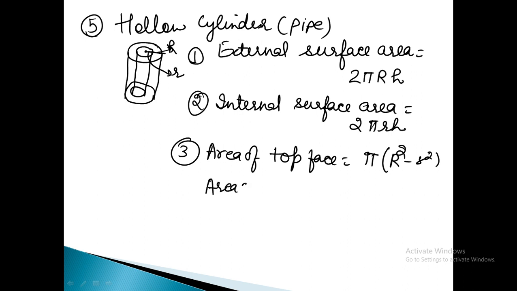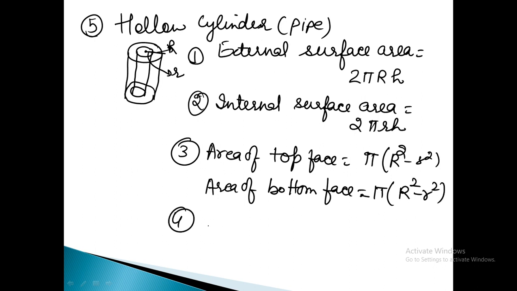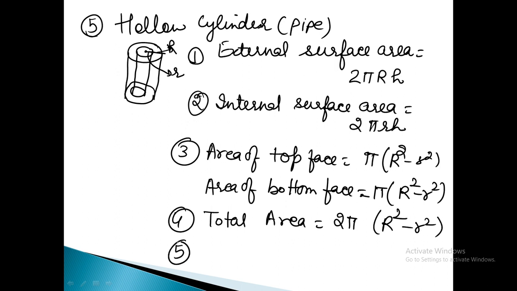Area of bottom face is π(R² − r²). Total area is equal to 2π(R² − r²).